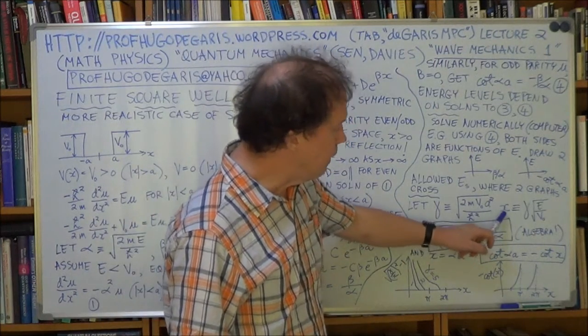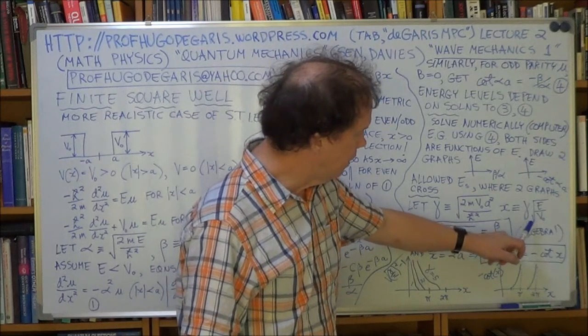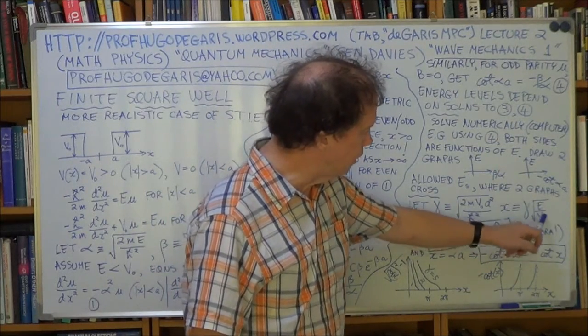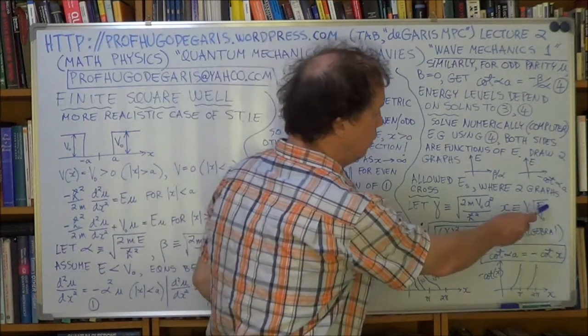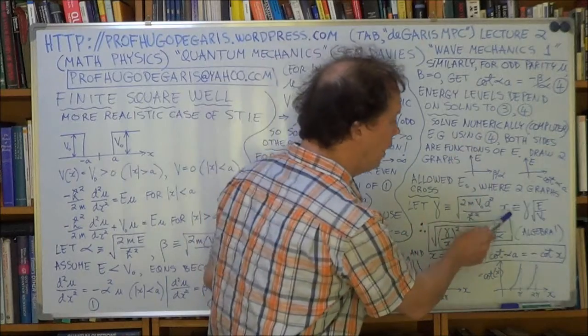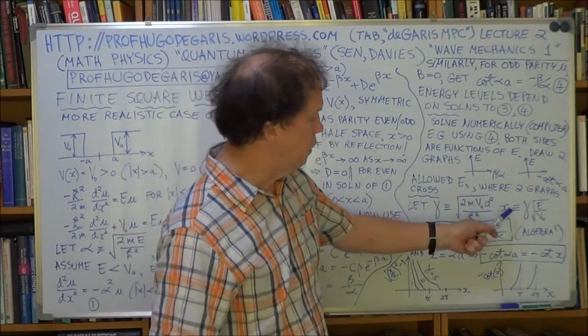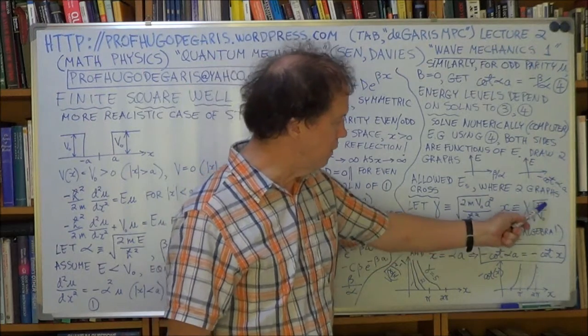Whereas this x here is just defined to be this constant, gamma, times the square root of E over V naught. Now E is the energy, right? E can change. E is a variable, and therefore x is a variable. x depends on E. x is a function of E, right?